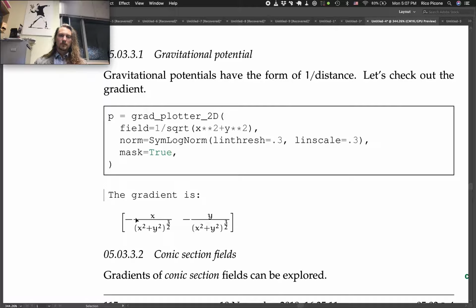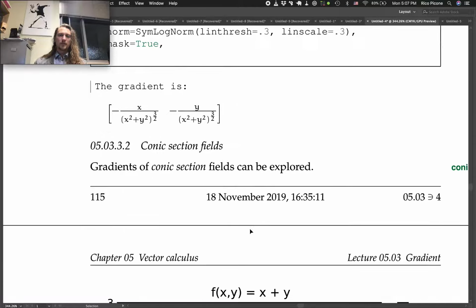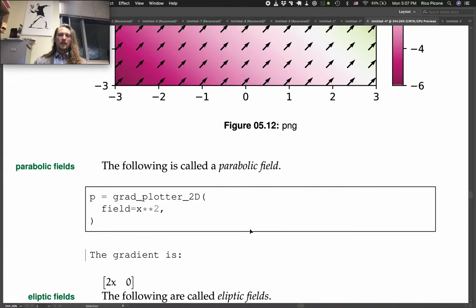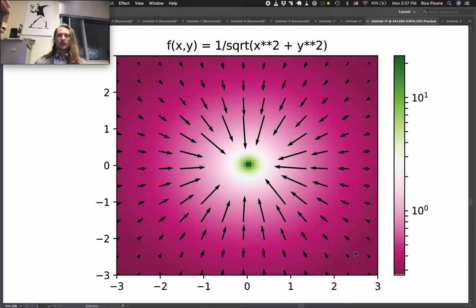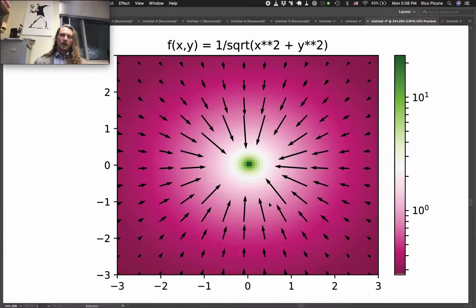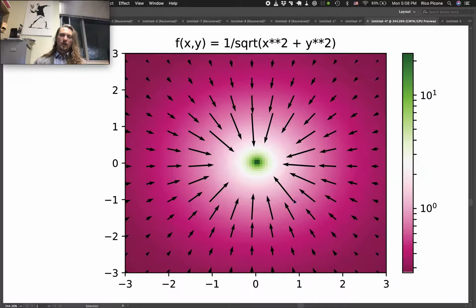So if we look at a plot of this, we get this. So we've got, as you approach the origin, the gradient magnitude is increasing, right? You see the gradient magnitude increasing towards the origin.